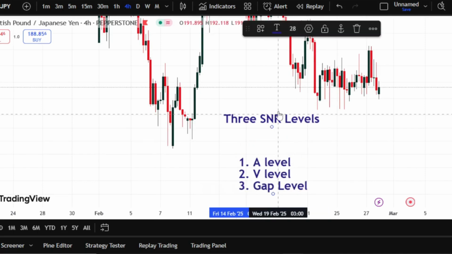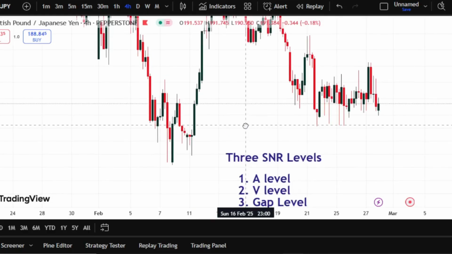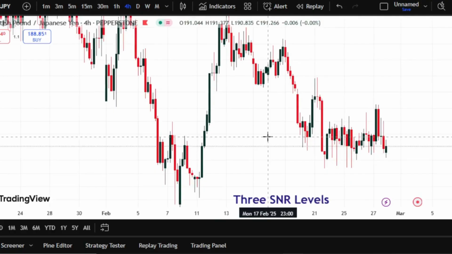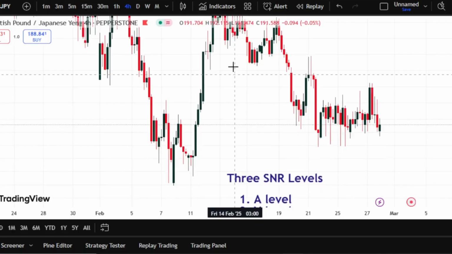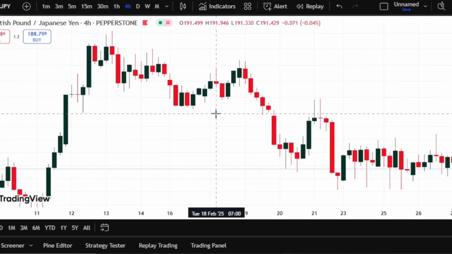But let's look at A level. The name A level is suggested by the shape of this level. So this is a typical example of A level.